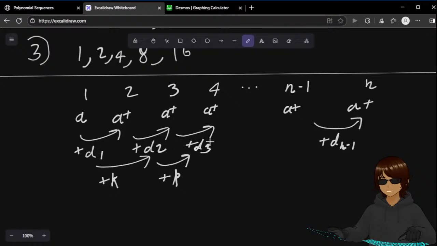Plus k plus k. So here we have the first level difference, the second level difference, the third level difference. Plus k is okay. So we have a plus d, a plus kd.